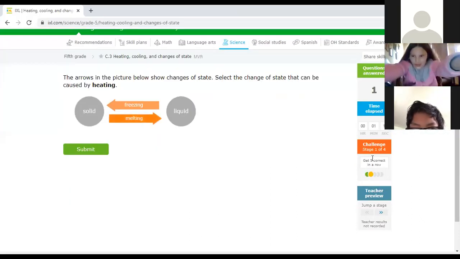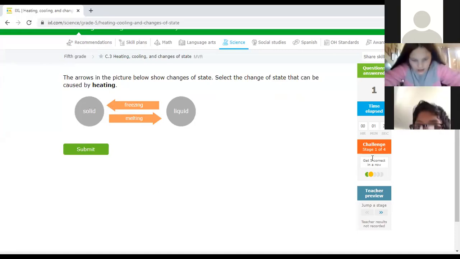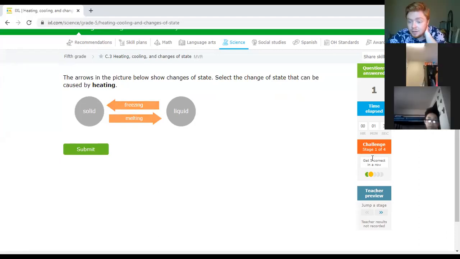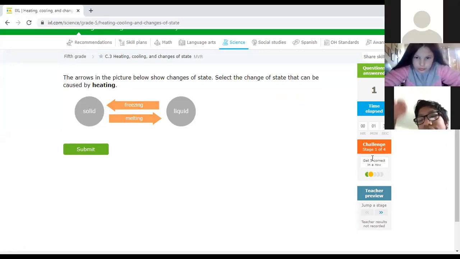Okay, cool. So select the change of state that's caused by heating. And again, you have a 50-50 chance. So a lot of hands should technically be up, but I'm just saying.